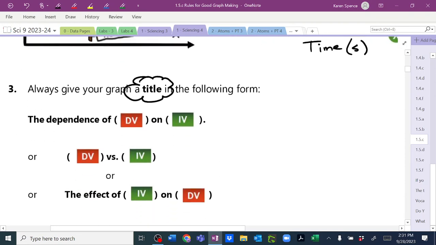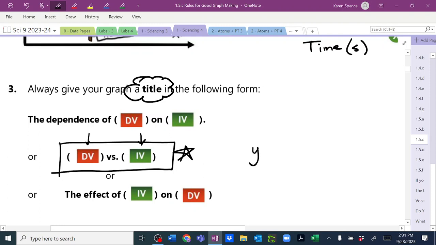We are going to focus on this one here because it's the easiest. Feel free to read the others and use the others if you want to. But what we're going to do is use the dependent variable versus the independent variable. In other words, we're going to write y, which is dependent, versus x.